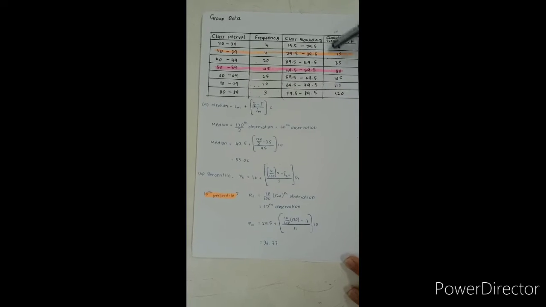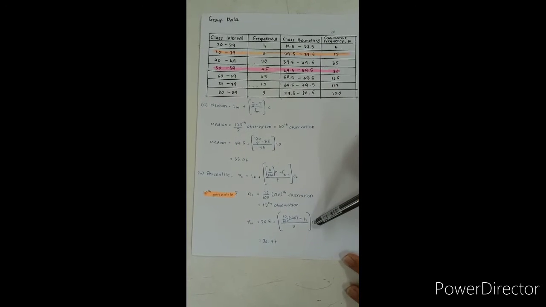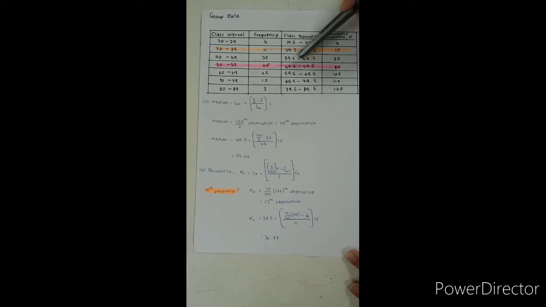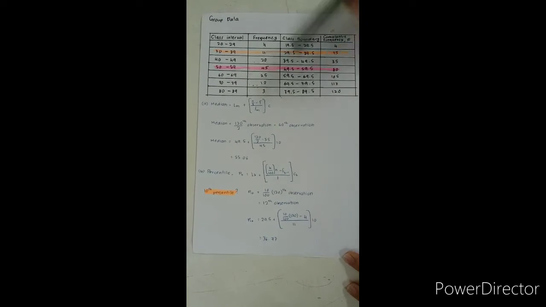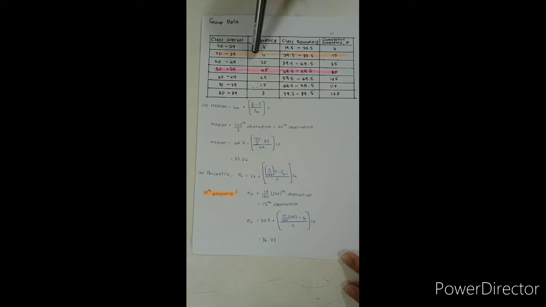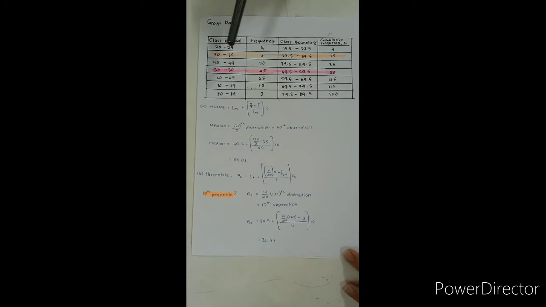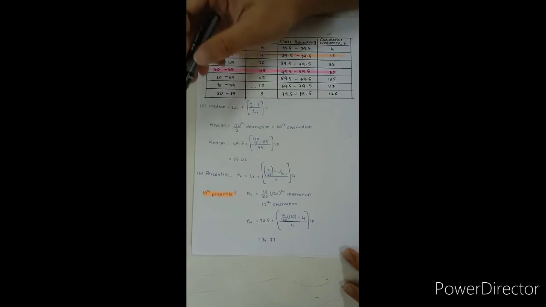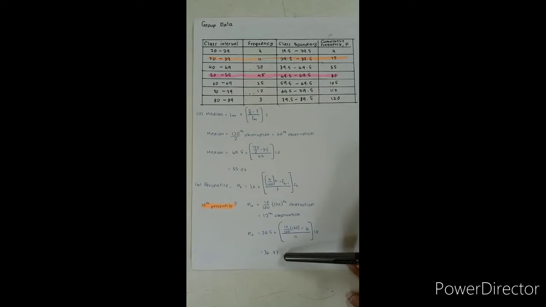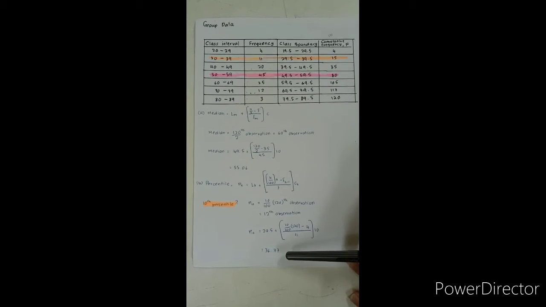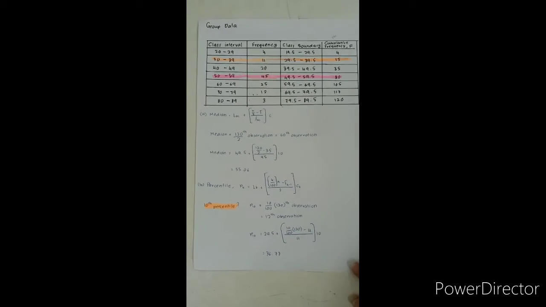So here, and the before is 4, so we plug it here, and 10 is the class boundary product, 11 is the frequency. So after we plug in all the values and calculate, we get 39.77. Okay, that's for the 10th percentile.